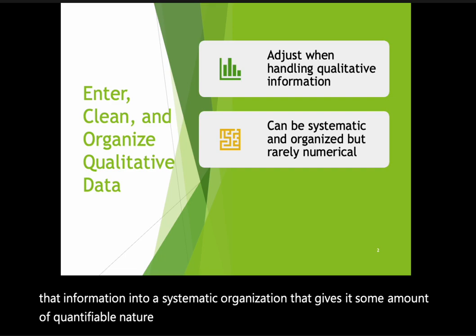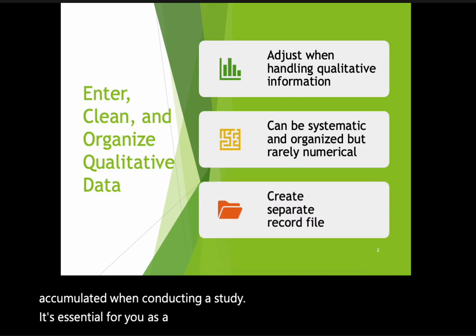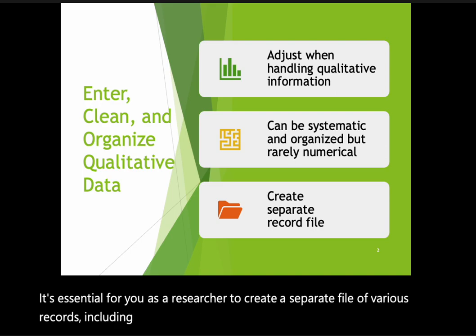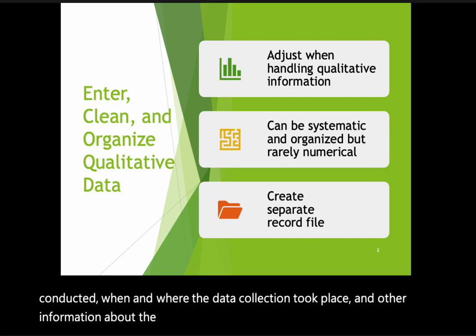In addition to the raw information that's accumulated when conducting a study, it's essential for you as a researcher to create a separate file of various records, including how many interviews, case studies, or observations were conducted, when and where the data collection took place, and other information about the participants in the studies.